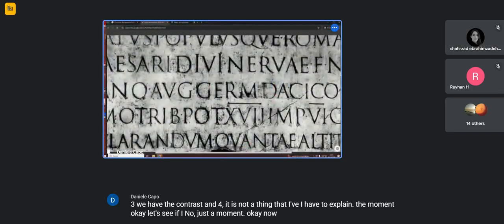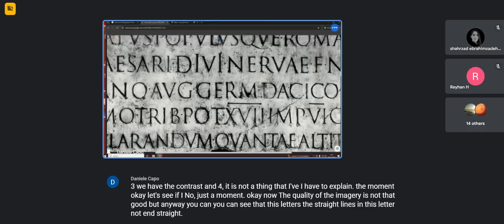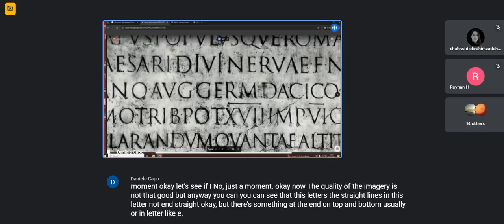Now, the quality of the image is not that good, but anyway, you can see that these letters, the straight lines in this letter, do not end straight, okay, but they have something at the end, on top and bottom, usually, or in letters like E and F, something also in the horizontal strokes.